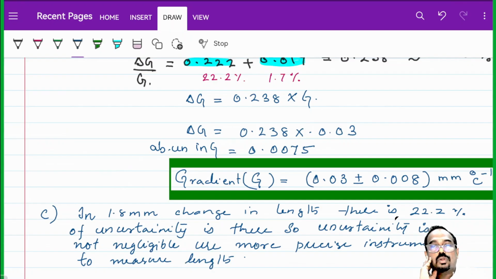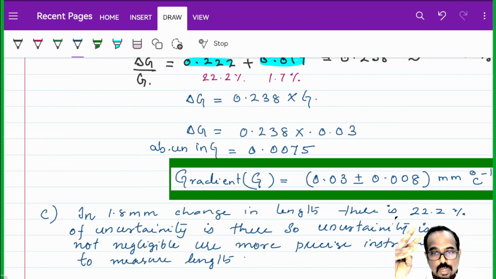This is how you are going to solve the question. So you need to remember the steps we have followed. First, you find the average value using an equation. Then you need to find the uncertainty. Before finding the uncertainty, check what operations you have done: addition, subtraction, multiplication, division.